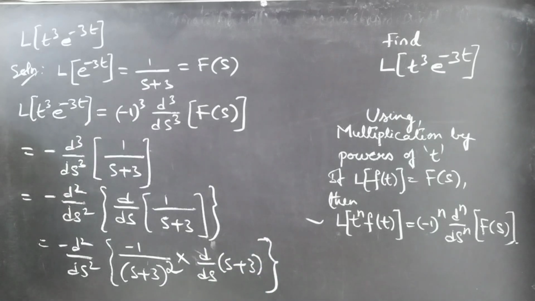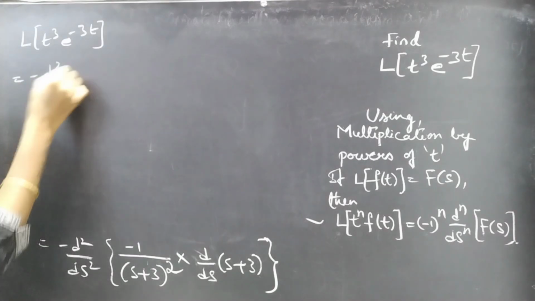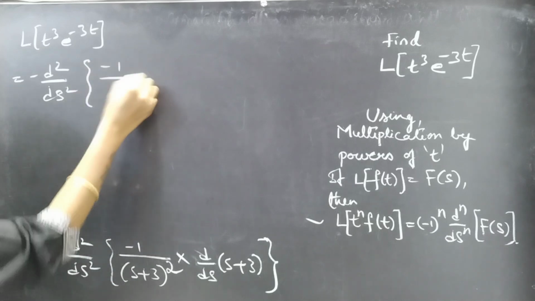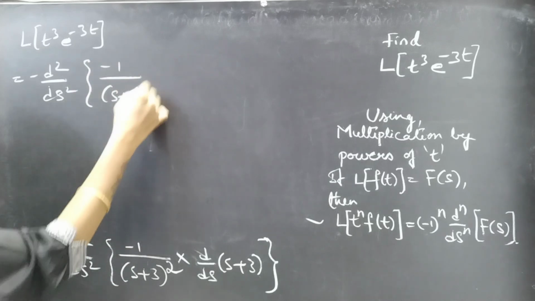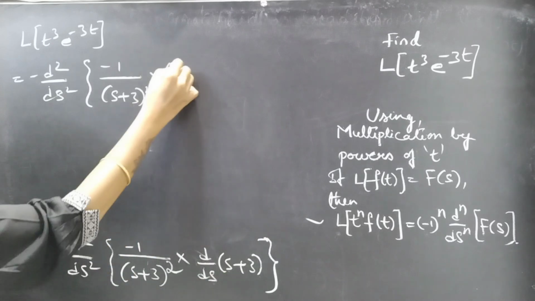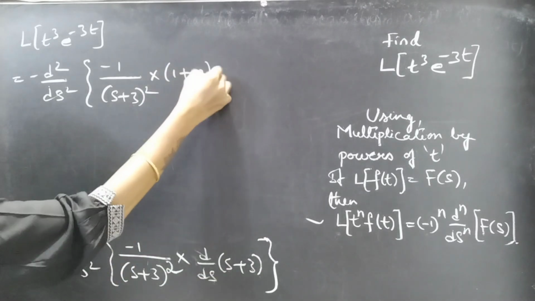This gives us minus d square by ds square into minus 1 by s plus 3 whole square into derivative of s with respect to s is 1 plus derivative of constant with respect to s is 0.